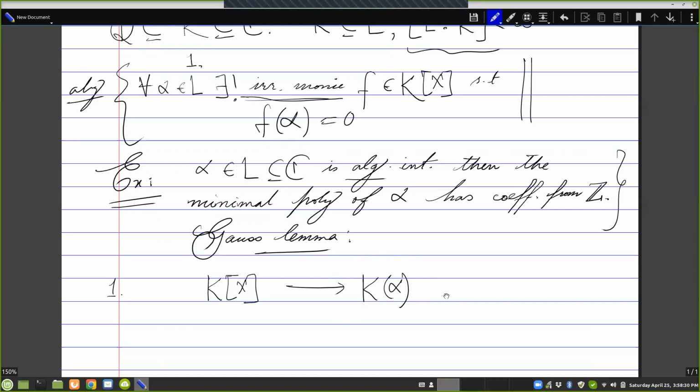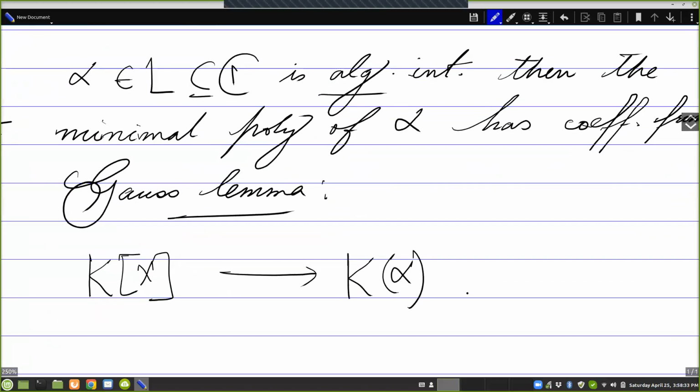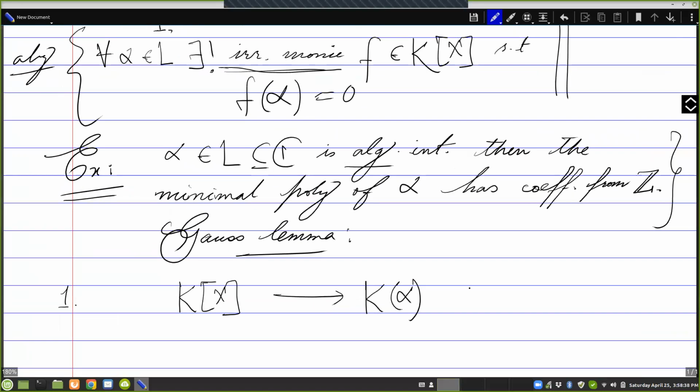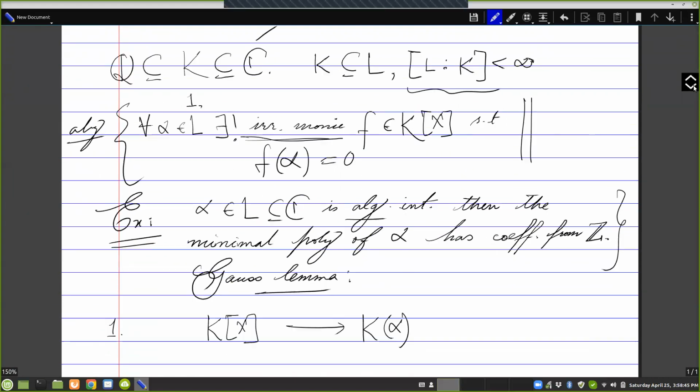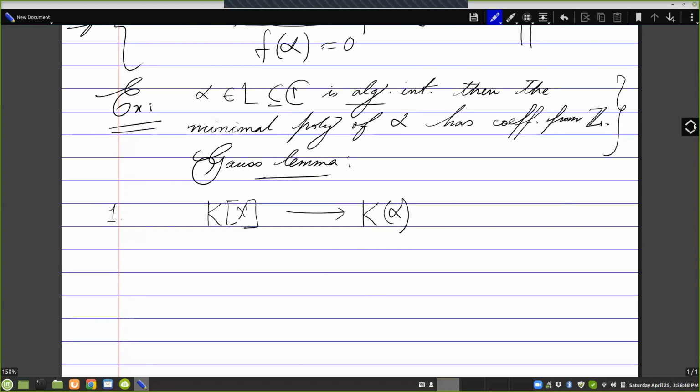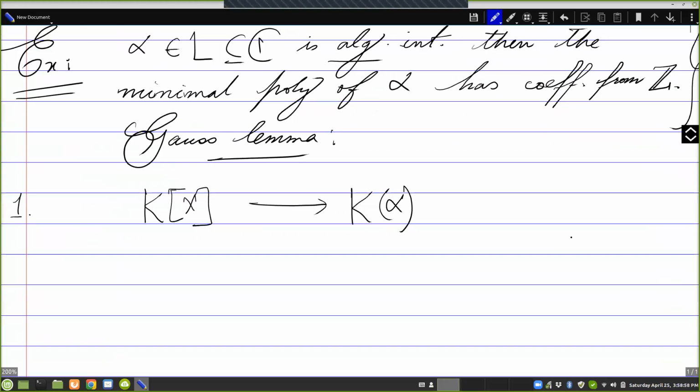So indeed, a priori, the definition of k alpha has a dependency on L. But since at least in this discussion, all the fields that we will see are subfields of C, if you don't like the dependence on L, you can simply say that it's the smallest subfield of C that contains both k and alpha, and that doesn't make any change. Okay, so our map is the evaluation map, where each polynomial, let's say g(x), is mapped to g(alpha).